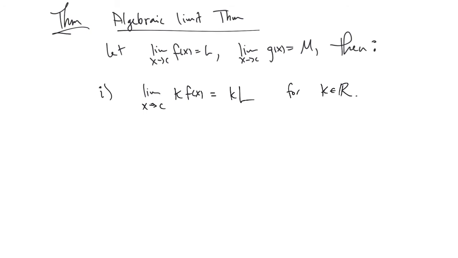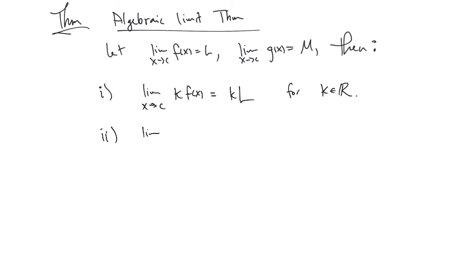The same thing is true for sequences, and so it automatically is true for functions too. All right, next one. That rule, by the way, is why you can factor a constant out of a derivative, because a derivative is a certain kind of limit. You can pull constants out of the limit.